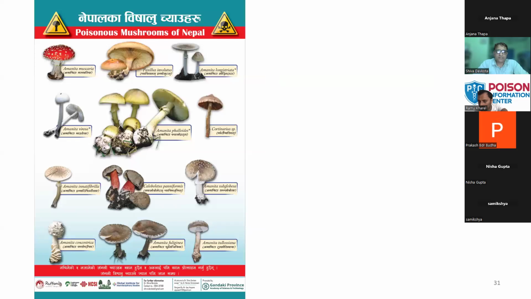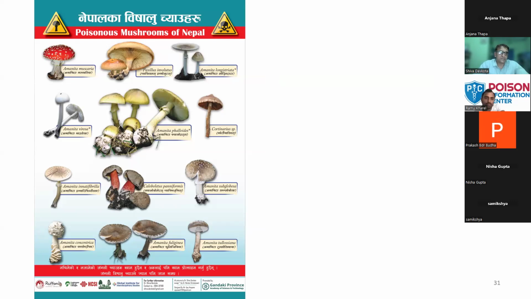And not only this, there are other mushrooms. Whenever I visited several places, there were no materials to share with the people, and no pictures to share. Then we decided to produce these posters with some common poisonous mushrooms of Nepal.